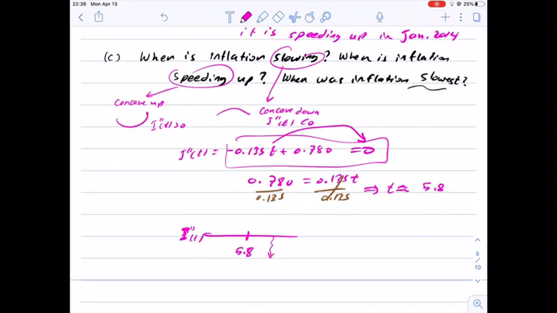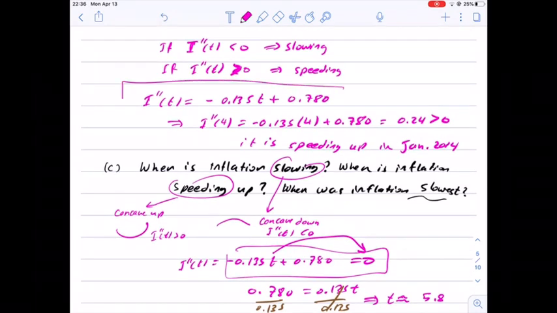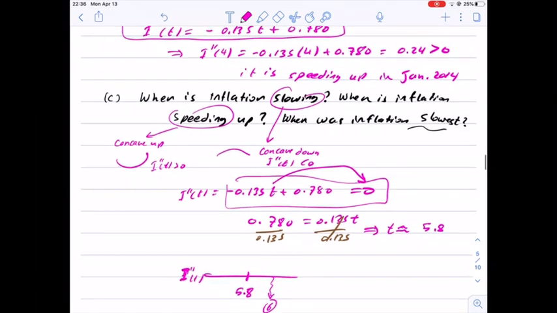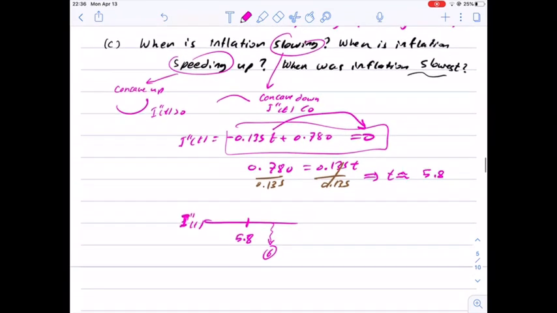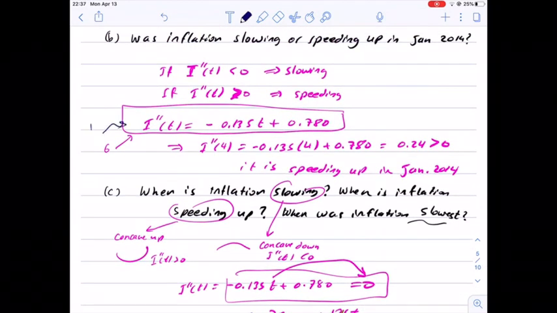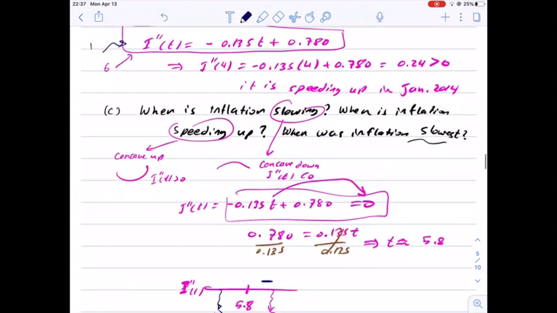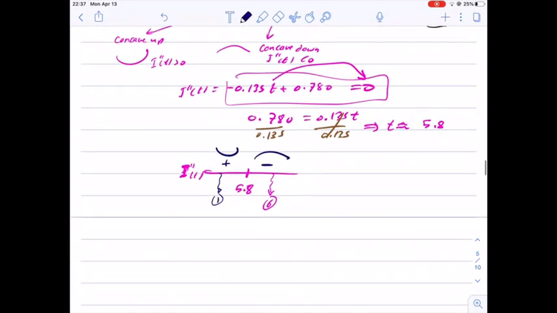If we choose a value greater than 5.8, like 6, and substitute it into the second derivative and use the calculator, you find that this gives you a negative value. If you substitute a value like 1 into the second derivative, you get a positive value. That means here the function is concave up, and here it's concave down.